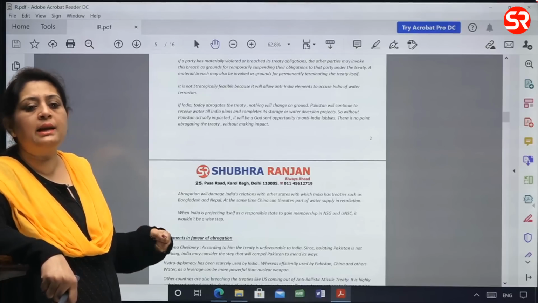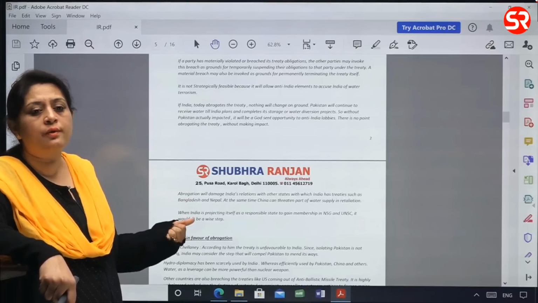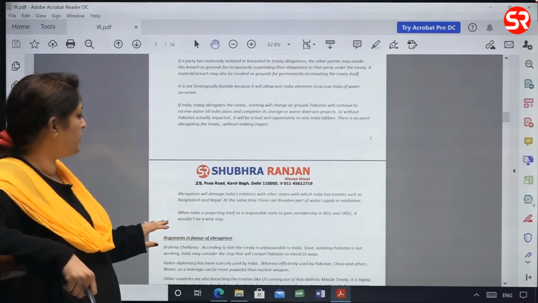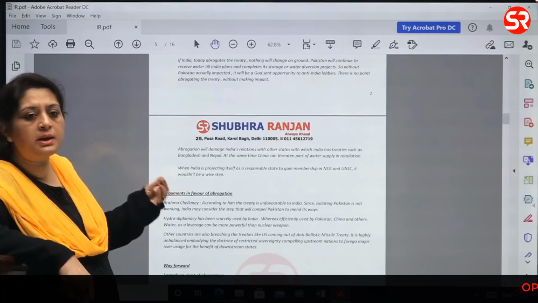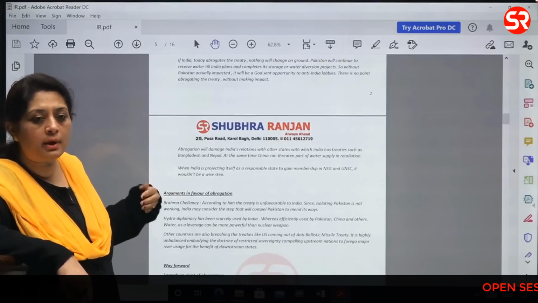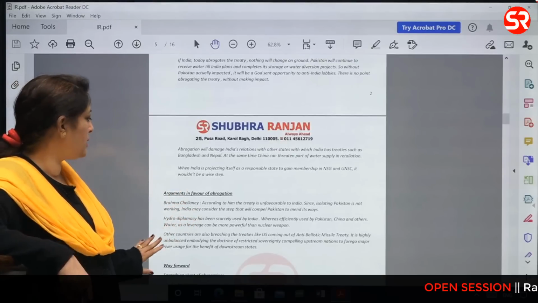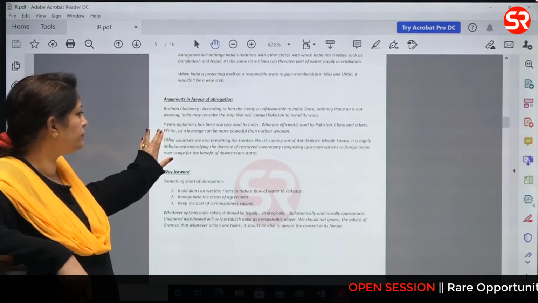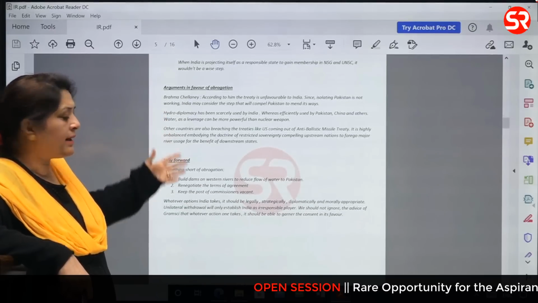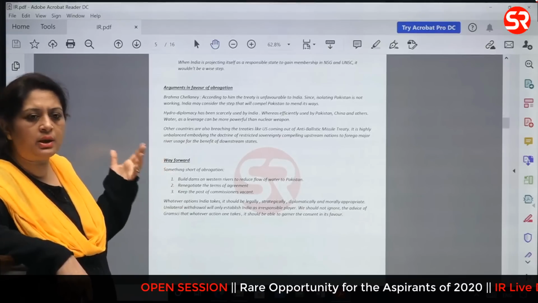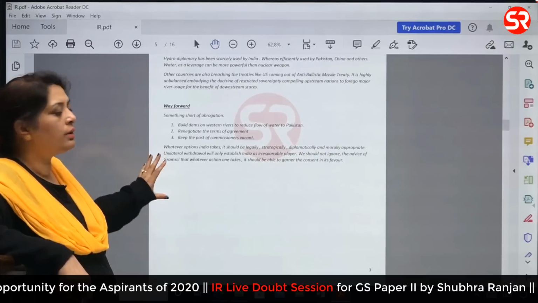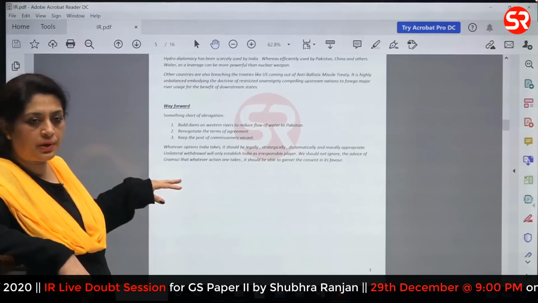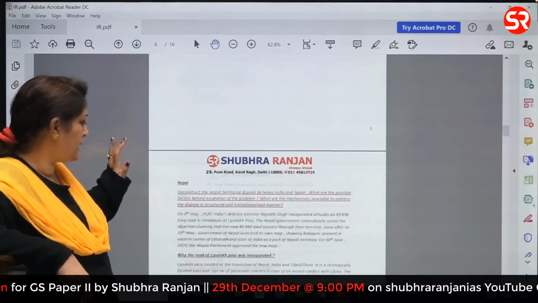It may alienate even the lobby which looks for good relations with India, and abrogation can have a negative impact on our relations with other neighbors. But at times it is said that sometimes maybe this is one of the options available to India.